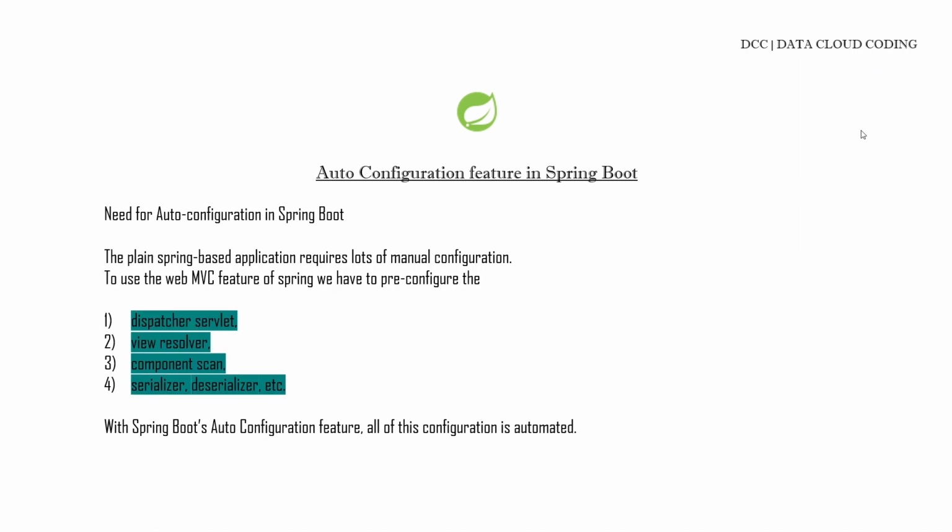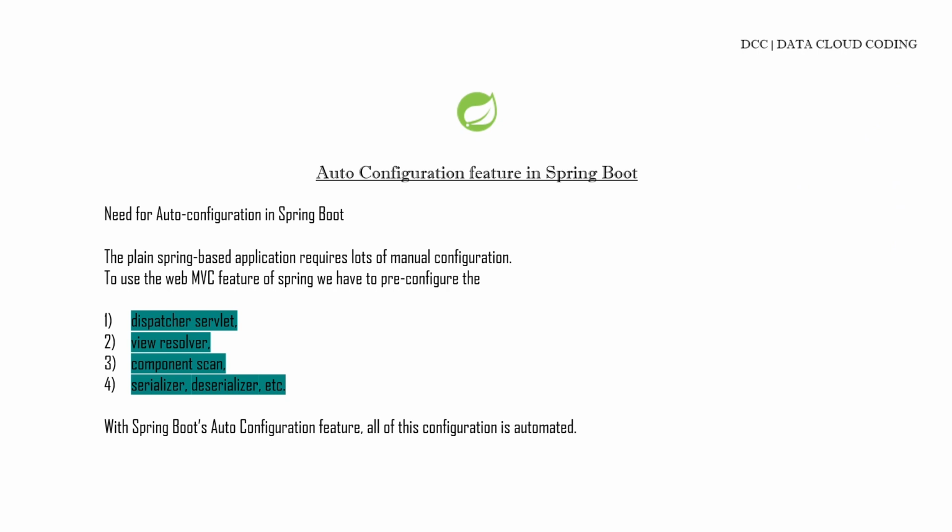Okay, so first let's understand what is the need of auto configuration. Why do we need auto configuration in Spring Boot? Before Spring Boot, we had our Spring based applications, and in those applications everything had to be configured manually.